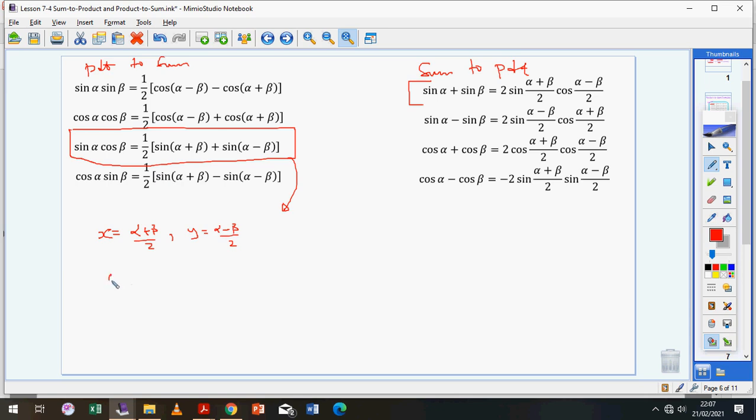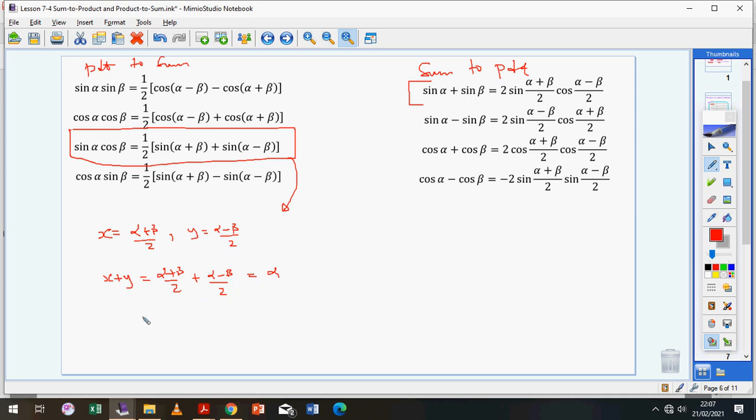X plus y is going to be, if you add these two fractions, alpha plus beta over 2 plus alpha minus beta over 2, which if you simplify, you will get 2 alpha over 2, which is basically just alpha. So x plus y is equal to alpha, right?